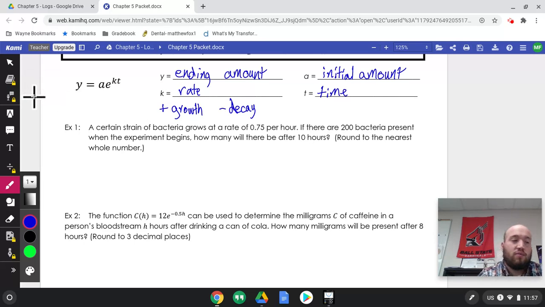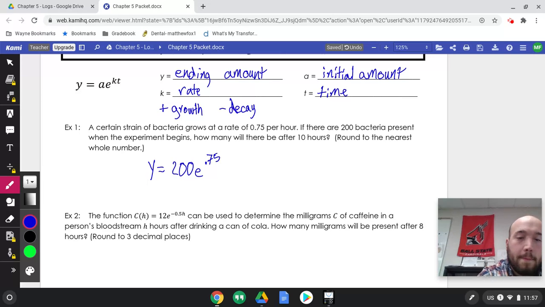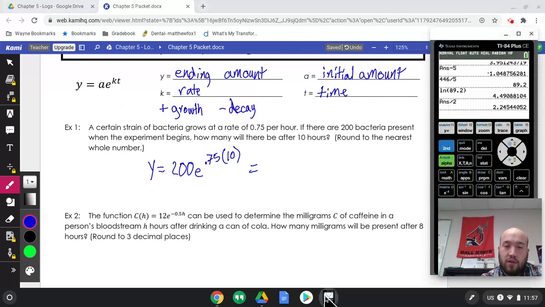So we're going to have y equal to the initial amount, which is 200 at the start, and then our natural number e raised to the rate, which is 0.75, times the time, which is 10 hours. And it says in the end to round to the nearest whole number.